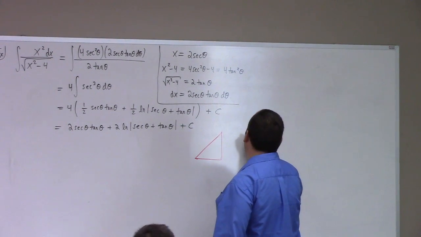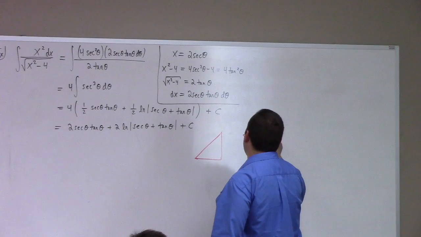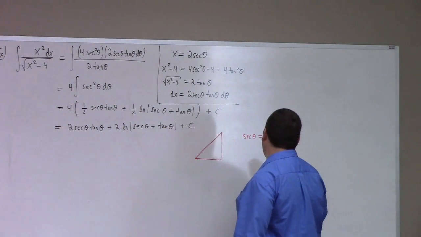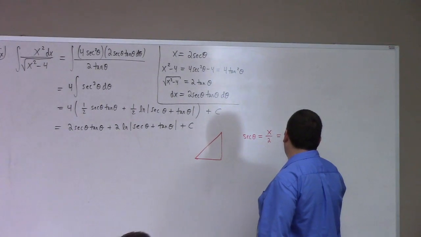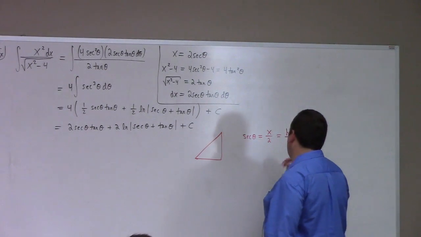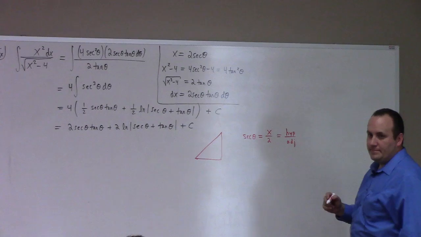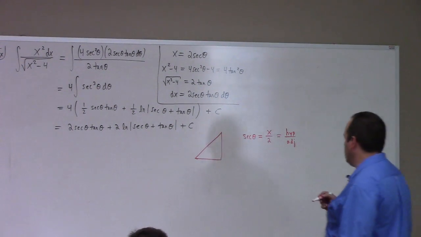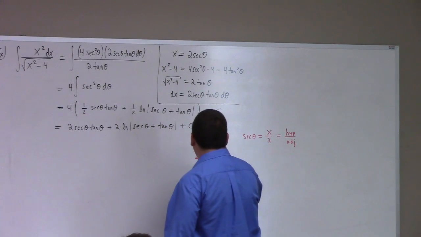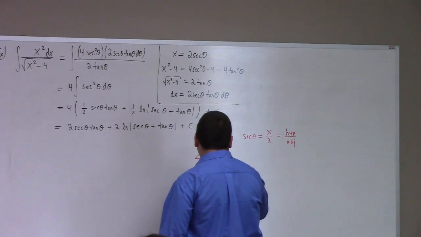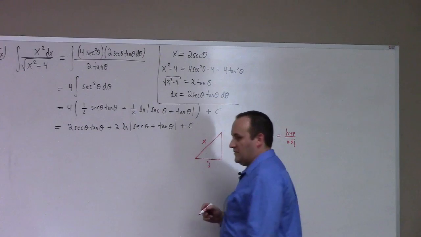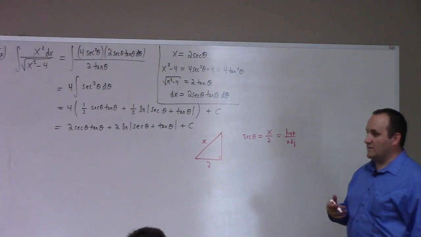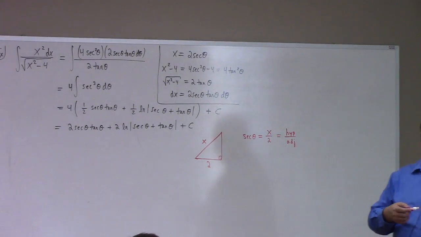I've got secant theta is equal to x over 2, right? So I'm going to think of that as the hypotenuse over the adjacent side, because I remember that secant is 1 over cosine. So it's the reciprocal of adjacent over hypotenuse, right? And so that suggests that I put an x for the hypotenuse, and I put a 2 for the adjacent side in this right triangle, which is just a graphical representation of the substitution, right?